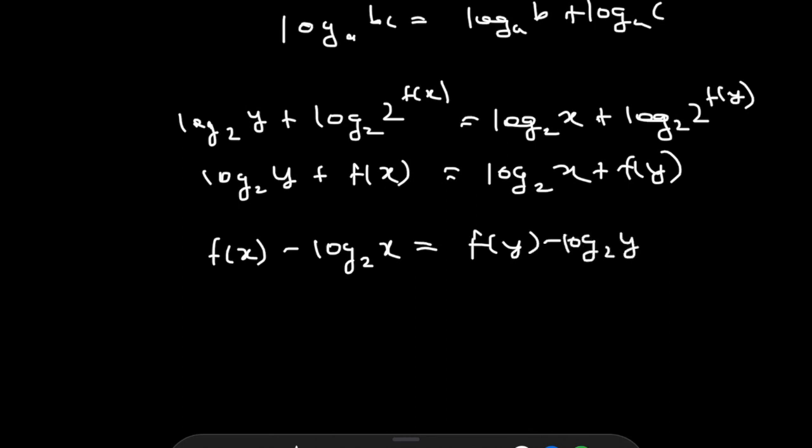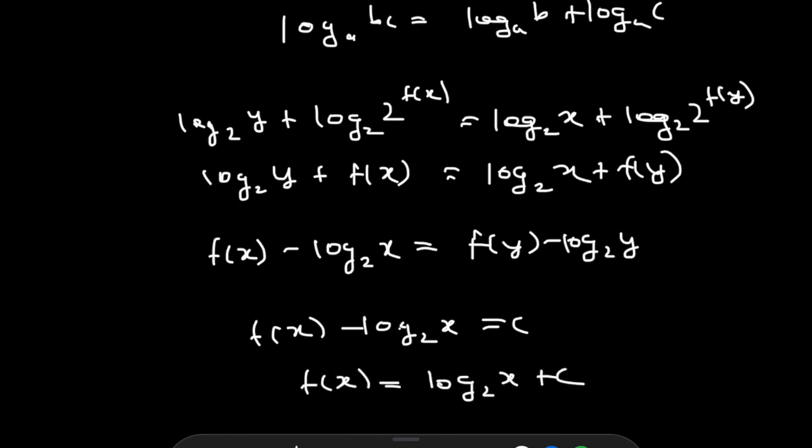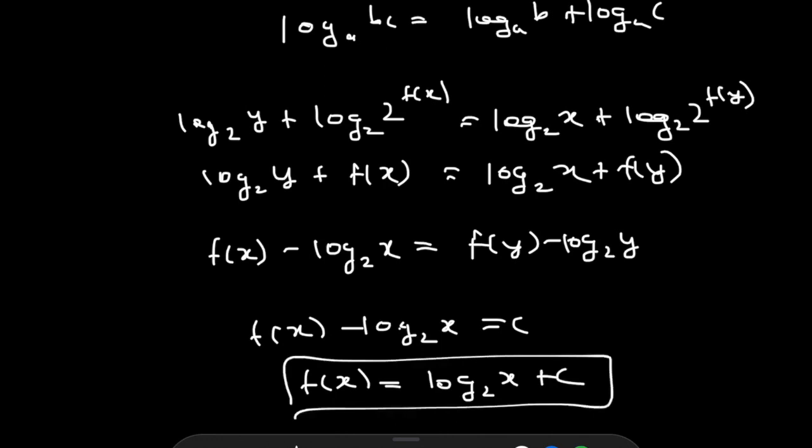So what this tells us is that since f of x minus log base 2 of x equals f of y minus log base 2 of y, and this must work for all x and y in the given domain, then essentially this expression must be a constant, because no matter what we change the value of y to be, it is going to equal this expression in x. So we have that f of x minus log base 2 of x equals c for some constant. So we find that f of x equals log base 2 of x plus c. And that is our general solution for this functional equation.